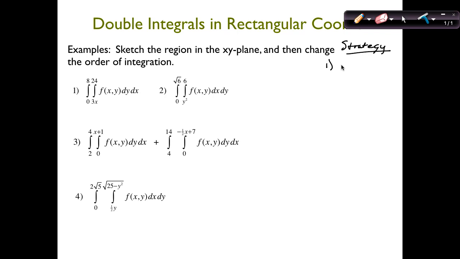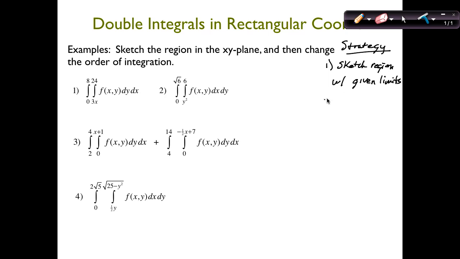Like it says here, the first thing you do is sketch the region with the given limits of integration. These double integrals are geometry problems. So we're going to start by sketching the region with the given limits.